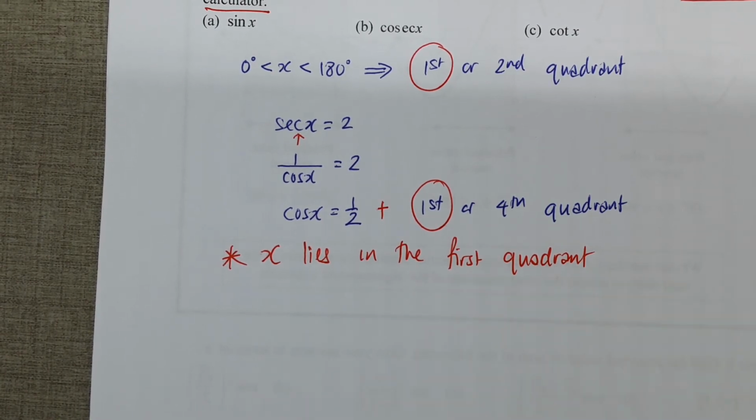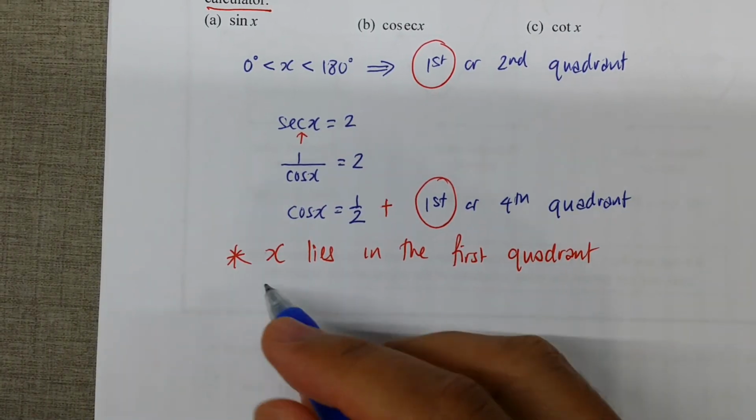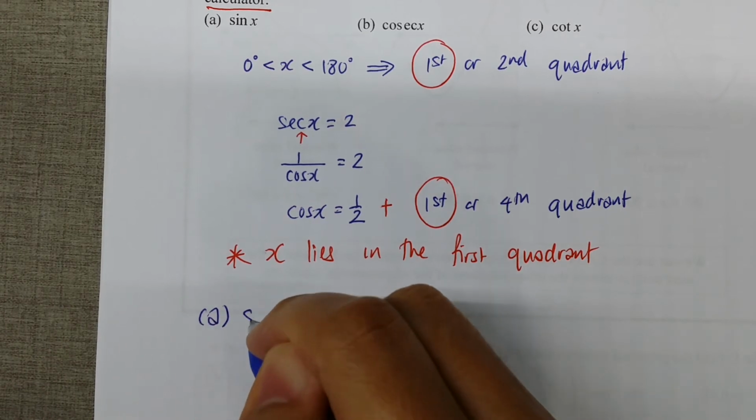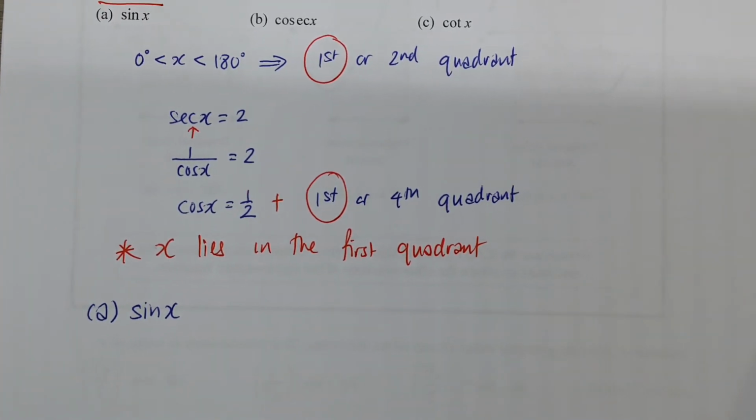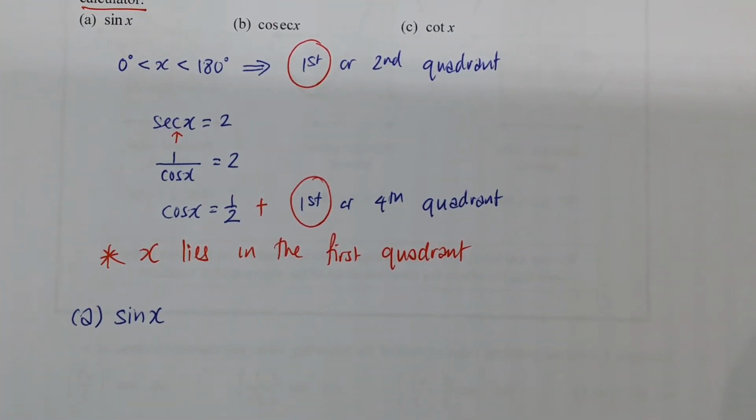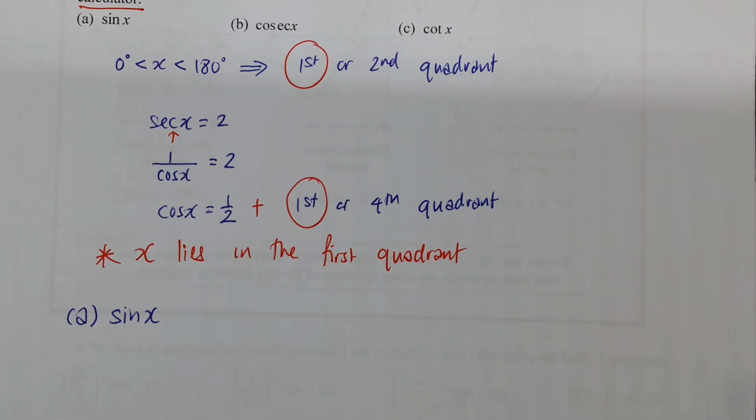So if you know that x is in the first quadrant, how to find sine x? Cosine x is half. What is sine x? Don't know, huh?